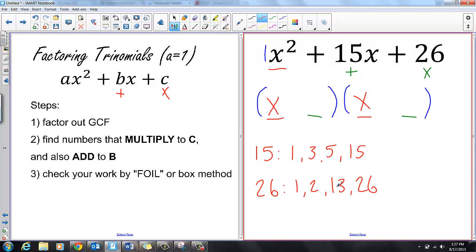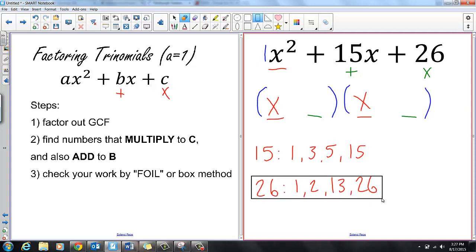So I want to look at which of these would multiply to be 26, but also add to be 15. So really, we only need the factors of 26. So let's box those off, because they are important. So 2 times 13 is 26. That satisfies c, and over here in step number 2, that multiplies to be c. And 2 times 13 also adds to be 15.